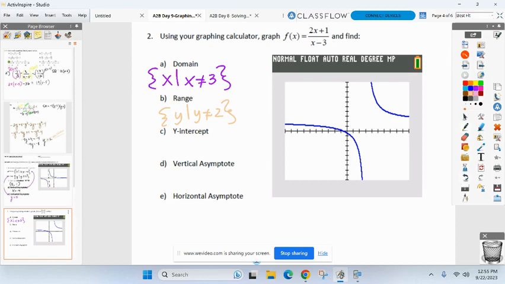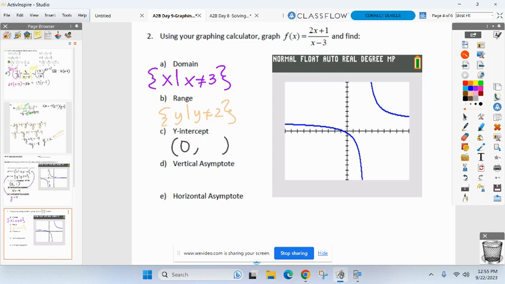Y-intercept now. Substitute in 0 for x. I would definitely not use the graph for this. Definitely use some algebra. Everywhere you see an x, plug in 0 to find the y-intercept. Getting a fraction.